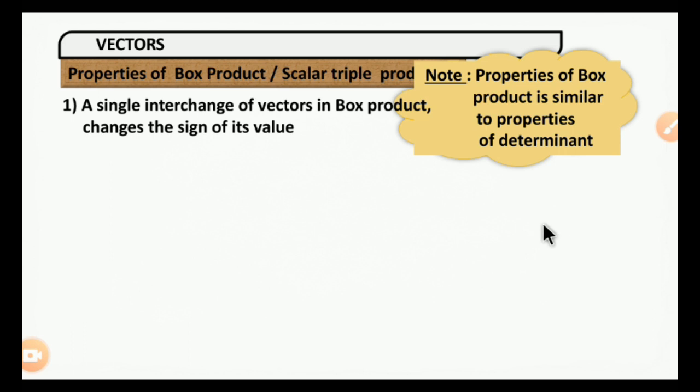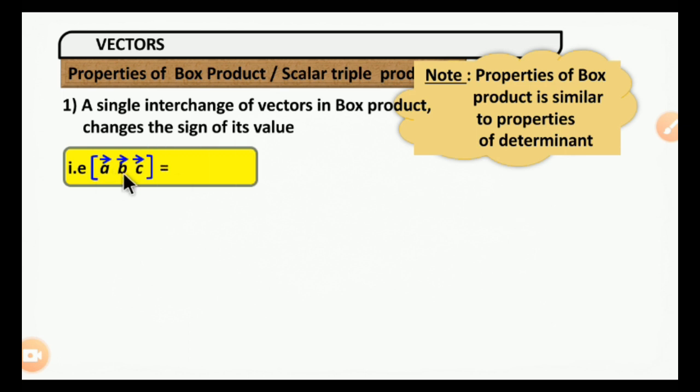It means the box product of ABC is always equal to minus the box product of BAC. See here, we have interchanged the places of the B and A vectors, so a single interchange of vectors in the box product changes the sign of its value.